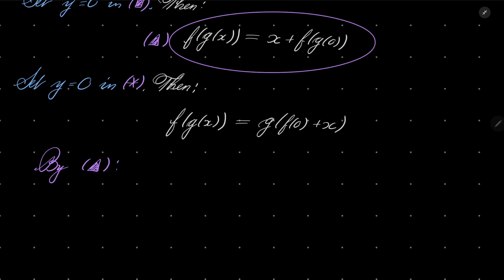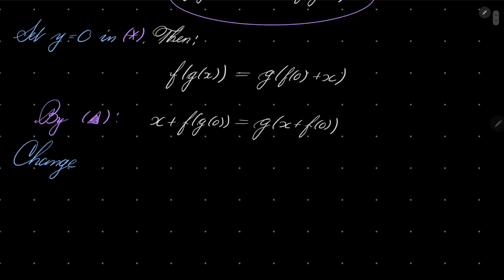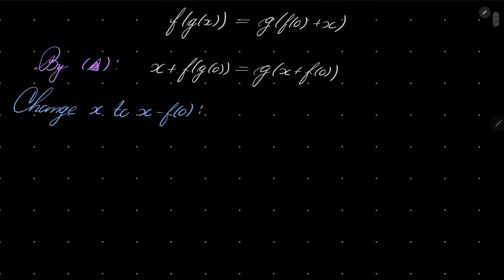The left-hand side can be replaced with x plus f of g of 0 equals g of x plus f of 0. And now let's shift our variable x, to change x to x minus f of 0, and we have the following: x minus f of 0 plus f of g of 0 equals g of x.